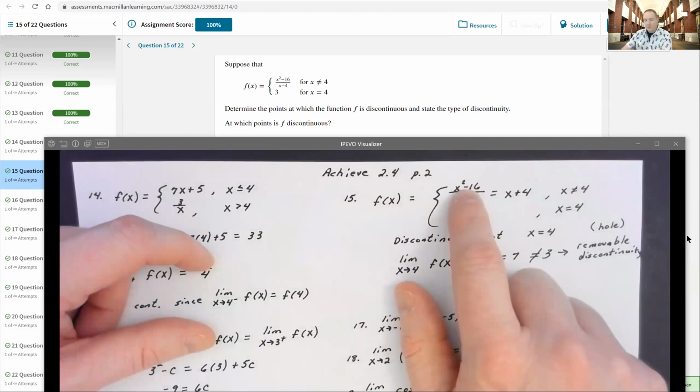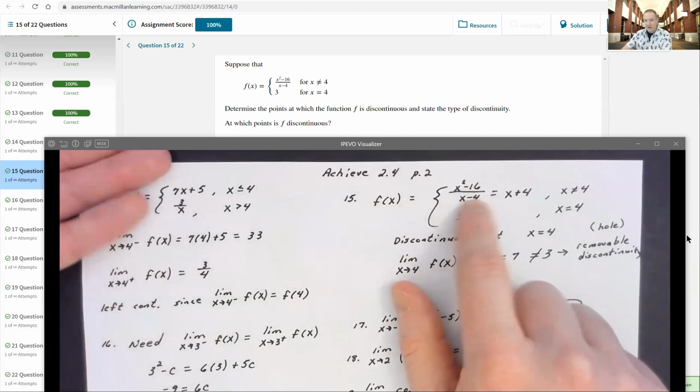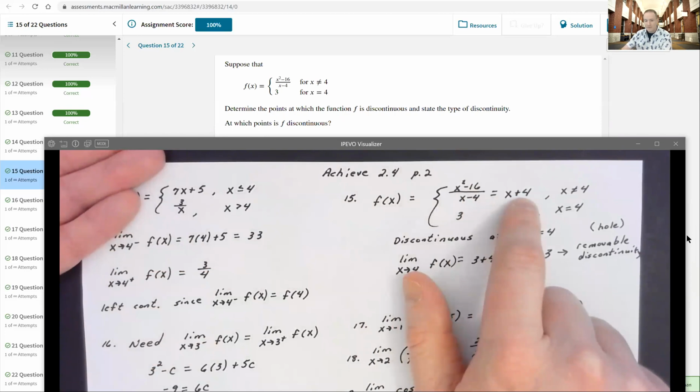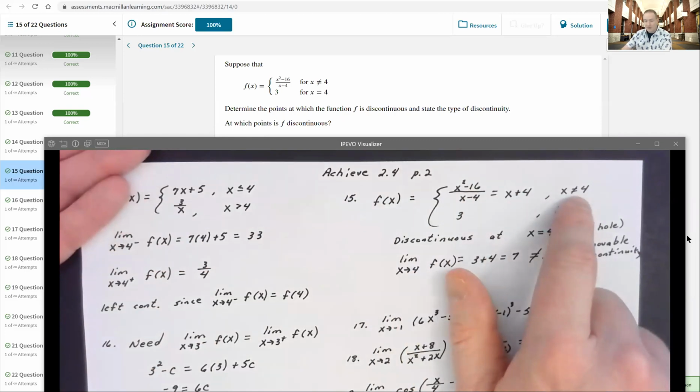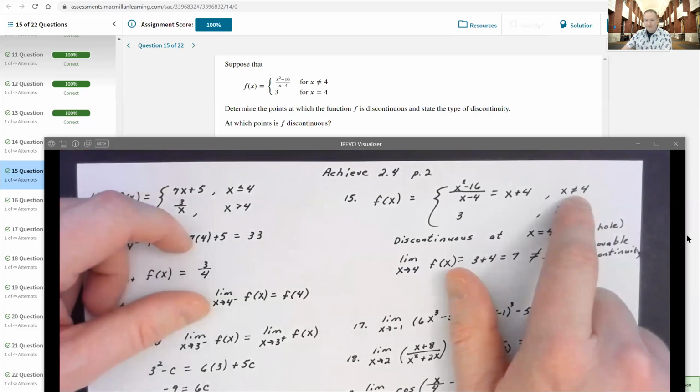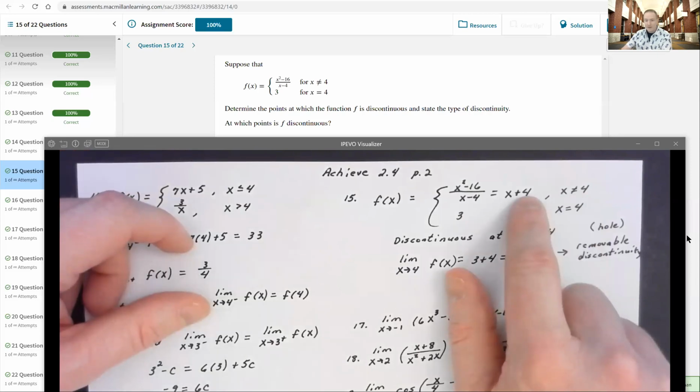We know that numerator is a difference of 2 squares. It would factor to be x plus 4, x minus 4. The x minus 4's cancel with the denominator, so this rational function is equal to the linear function x plus 4 for any value of x that isn't 4 anyway. That makes it easier to think about.